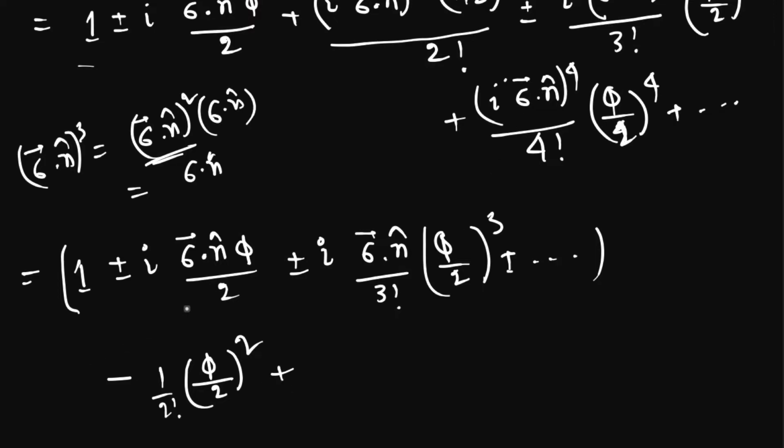This also can be written as i sigma dot n cap to the power 4, which is nothing but 1, and sigma dot n cap to the power 4 will also be the identity operator.